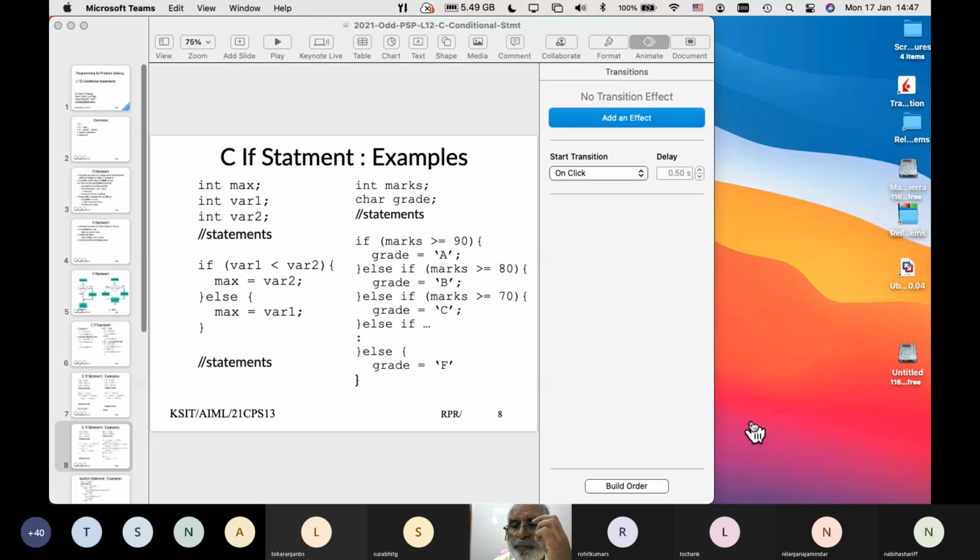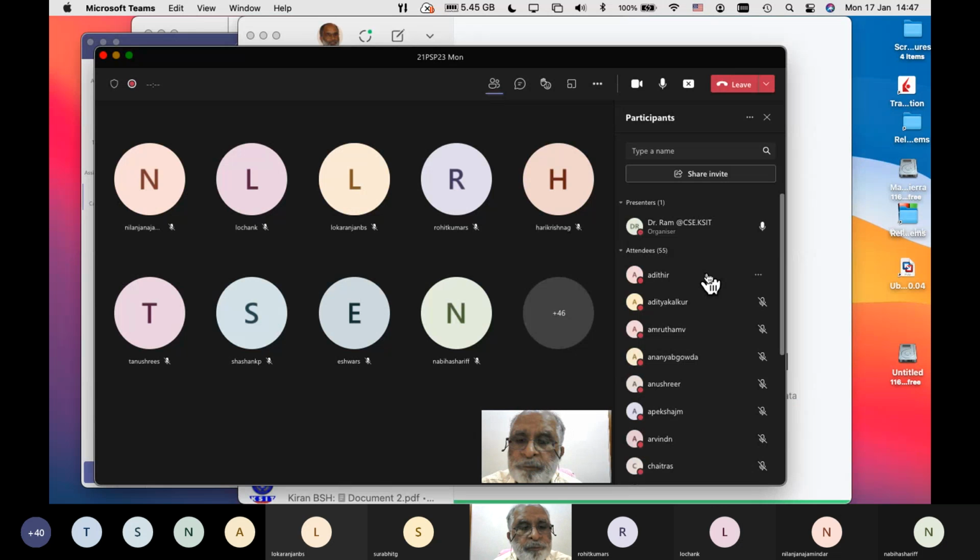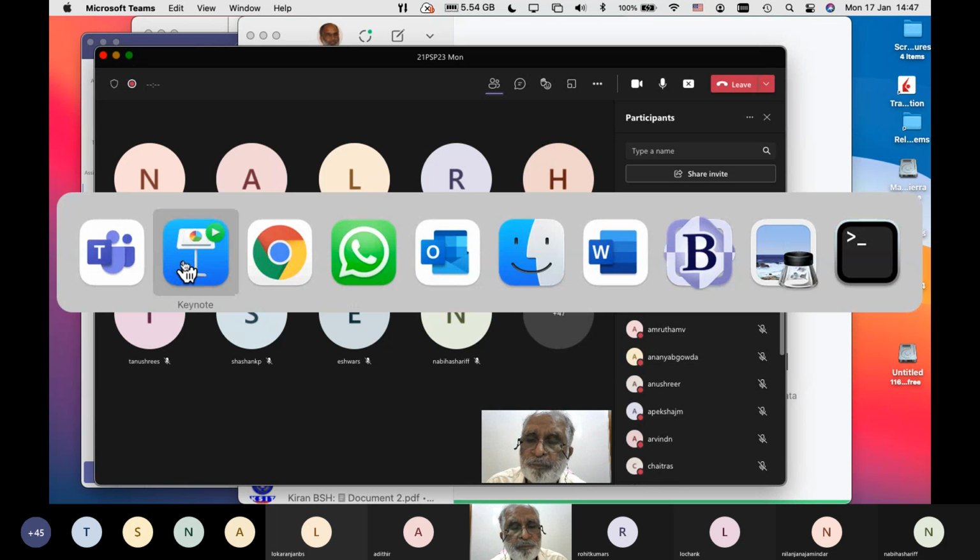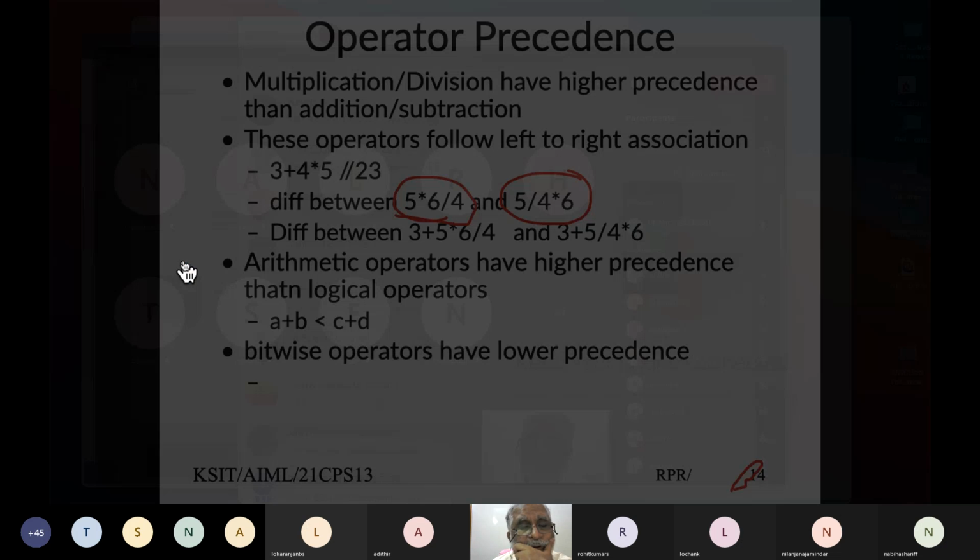Aditi? Yes, sir. What is the answer? Simple mathematics.